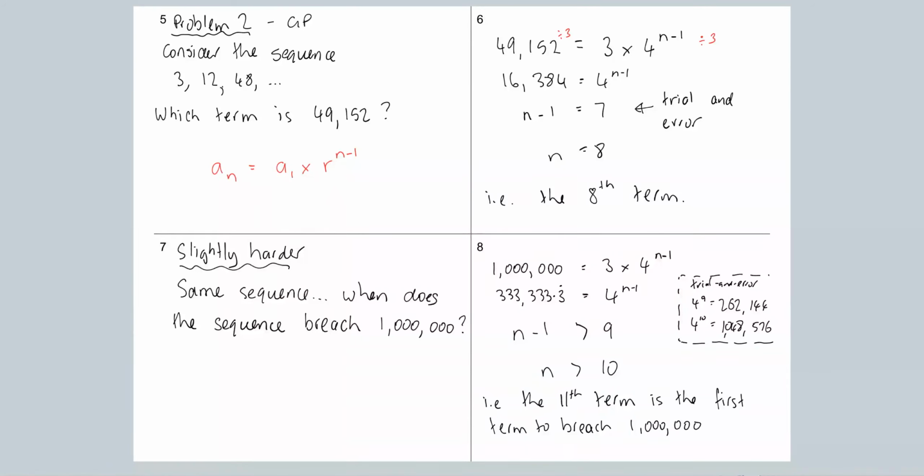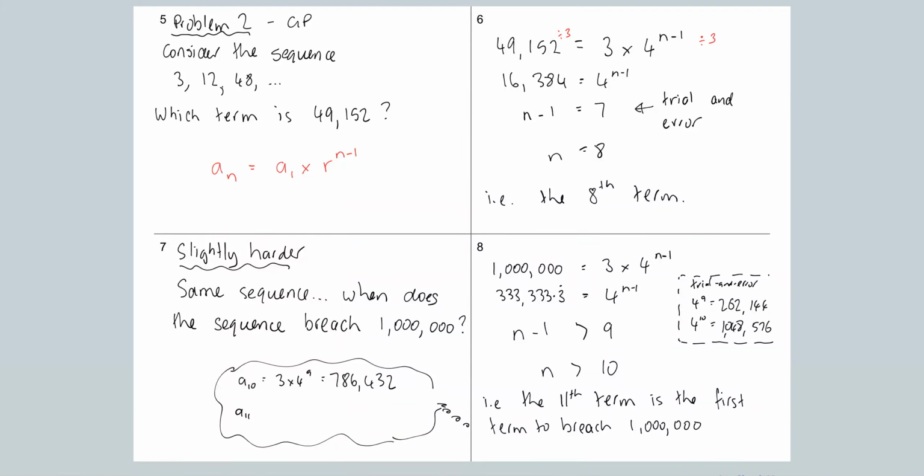Now, what I did before the video is I actually calculated what the 10th term and the 11th term is, and this is what I got, just so you can sort of see it. A10, the 10th term, is 3 times 4 to the power of 9, that's 10 minus 1. That's actually 786,432. So you can see that by the 10th term, we haven't quite got to 1 million.